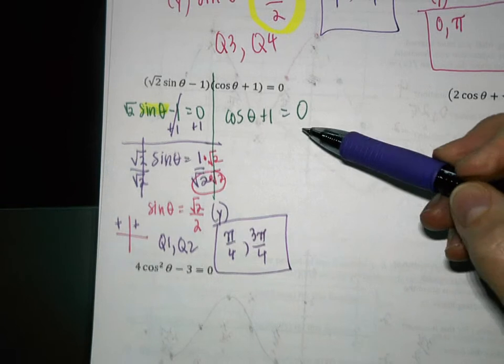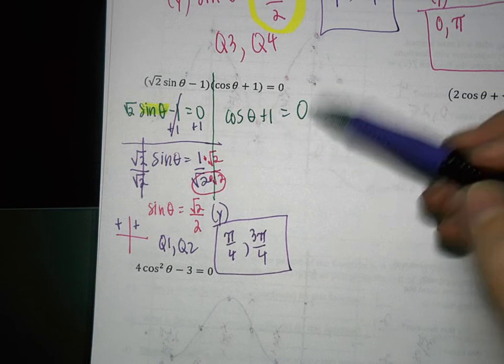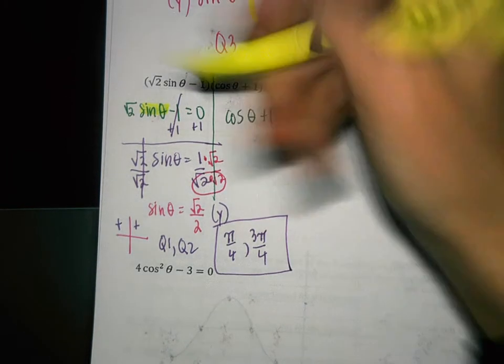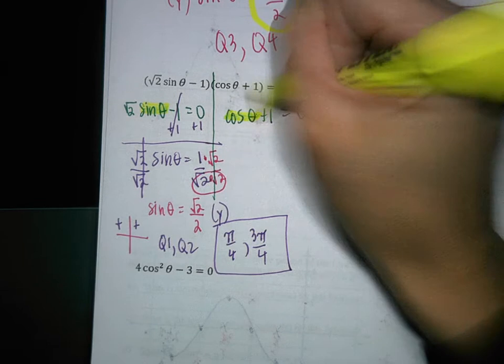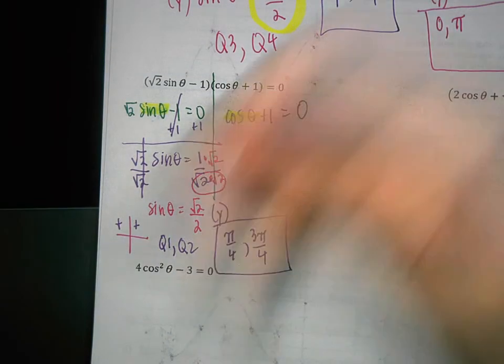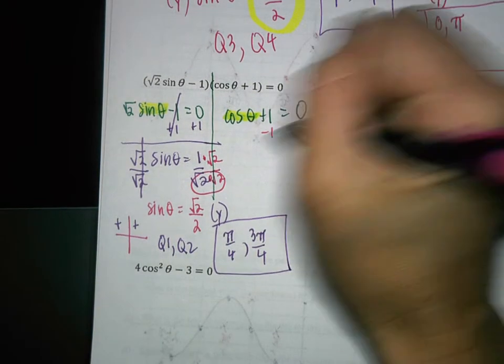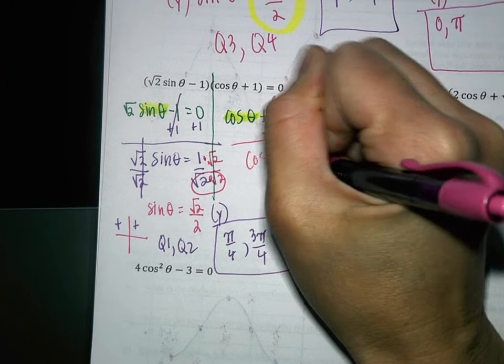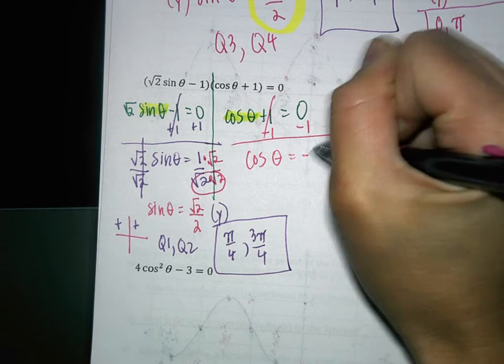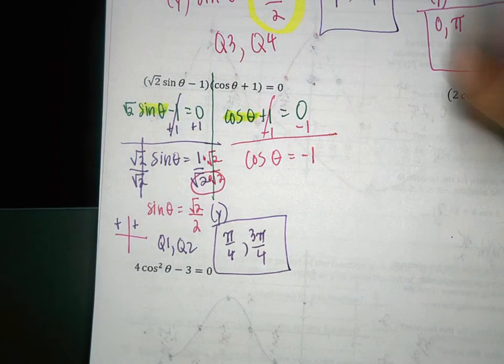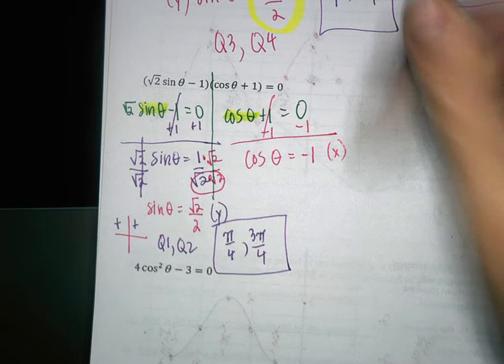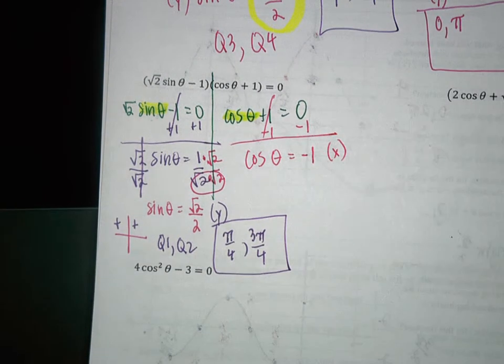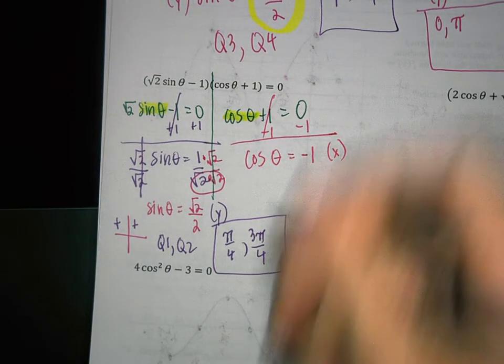And then we need to figure out cosine of theta plus 1 equals 0. We are trying to get cosine of theta by itself, so I would do that by subtracting 1 from both sides. Cosine of theta equals -1. And so we are looking for where x is -1.